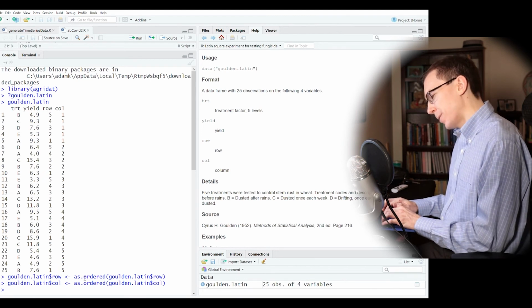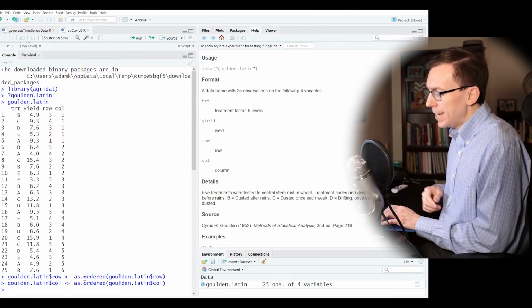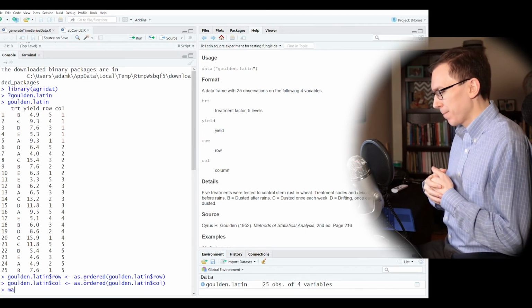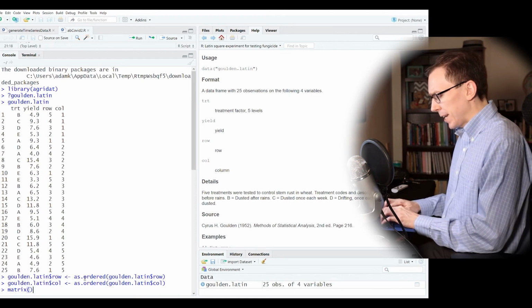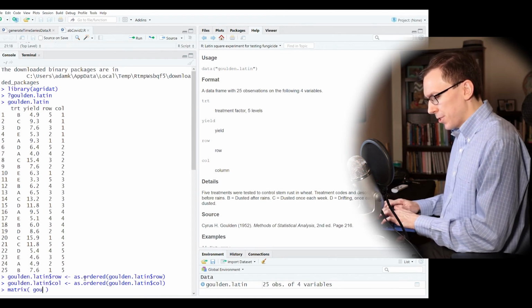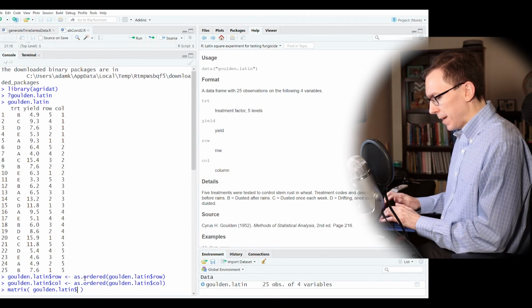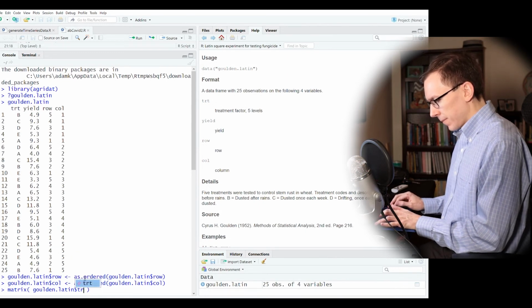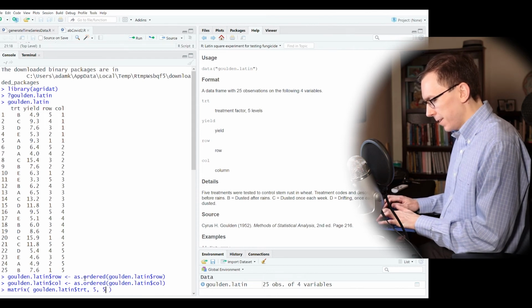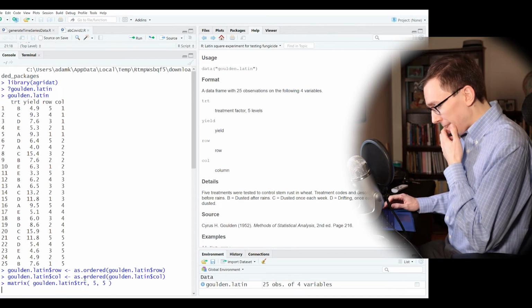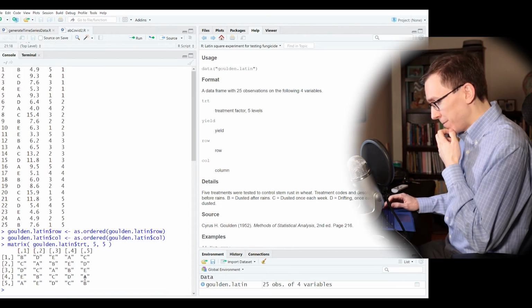And I wonder if there's an easy way. I'm not quite sure. We could actually recreate this table. Yeah, actually, we can do that, right? Just to show you what the Latin square would look like, I can use the matrix command and apply that to our treatment column and say 5 by 5, and it should do column fills first.